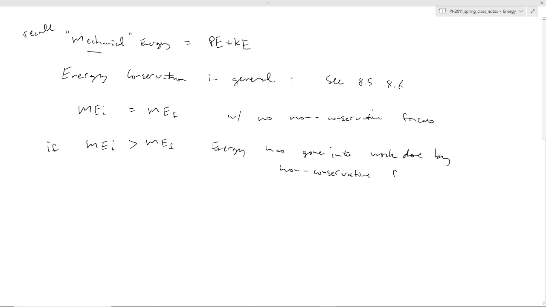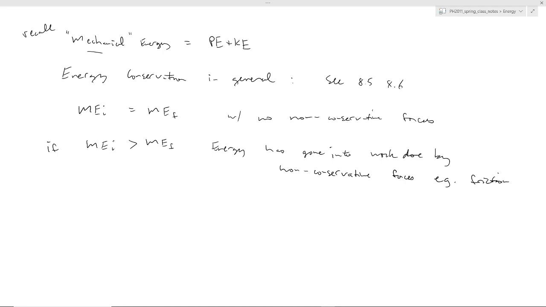The one at the top of our list is friction. And so getting a handle on how to incorporate this into solving problems will be very useful for you.